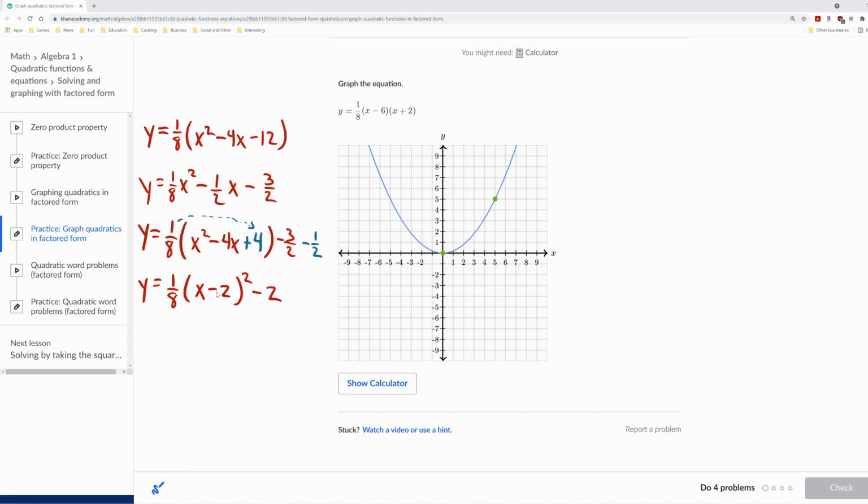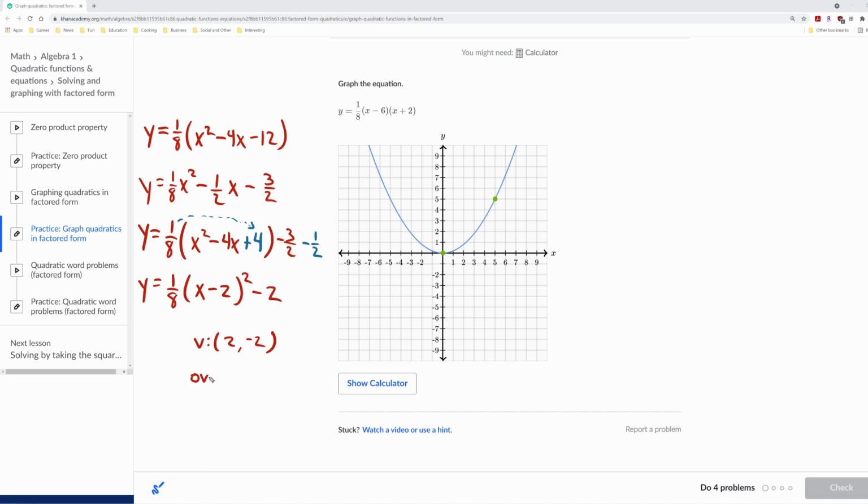We'll put the vertex in place at, let's see, let me write it out. If you didn't watch my prior video on graphing quadratics in vertex form, please do so. The vertex of this parabola, again, assuming we've done this right, is at 2, -2.